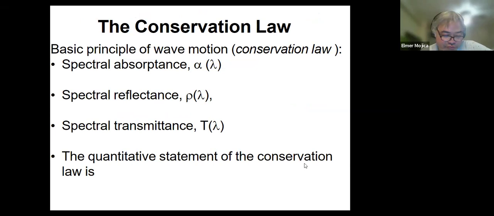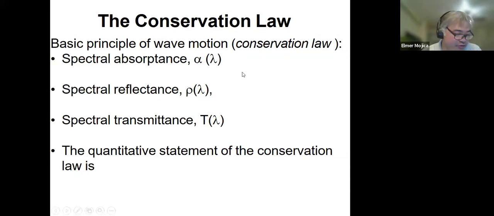The basic principle of the wave motion is that when a wave strikes a boundary between two media, a portion of the wave is reflected, a portion of the wave is absorbed, and a portion of the wave is transmitted into the new medium. So you could say conservation law, okay?